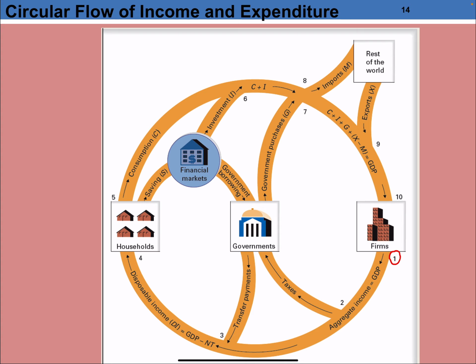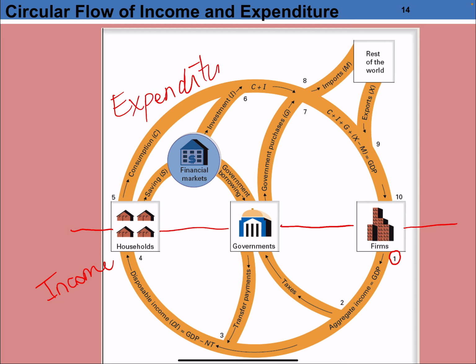And let me kind of divide this out. So the bottom half of our model is the income part of the flow. And then the top half, sorry guys, is the expenditure. Okay, so we start with the firms purchasing those resources that they need in order to produce their goods and services.